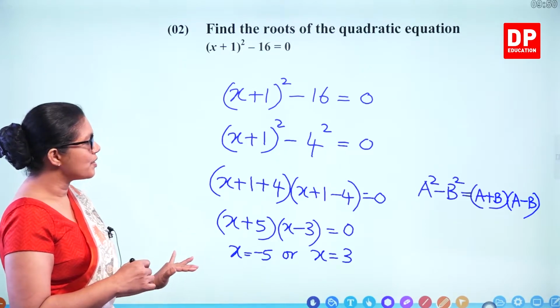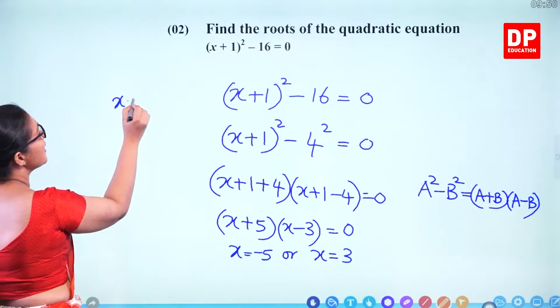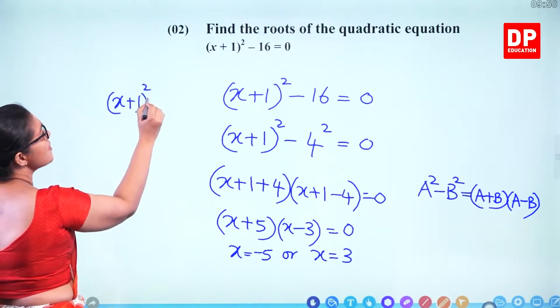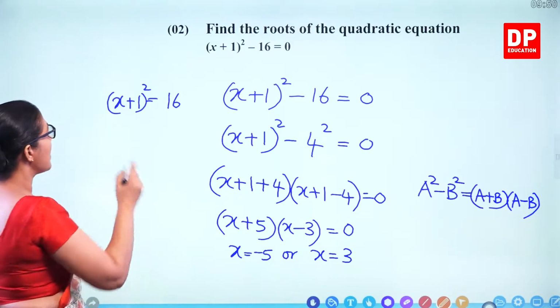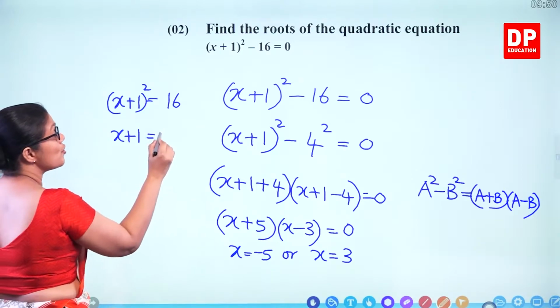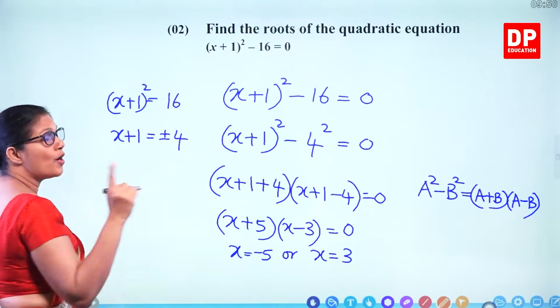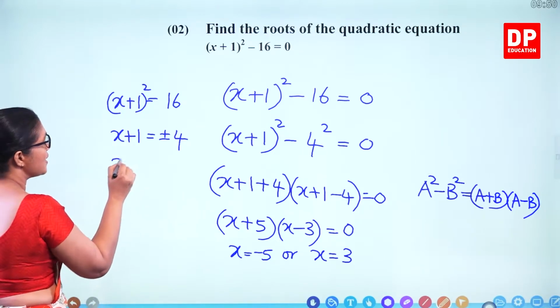We call it roots. What's the other method? Other method is you can take 16 to the other side. Now take square root both sides. When you take square root, x plus 1 is equal to plus or minus 4. Square root of 16, you can either take plus or minus. So what is x?